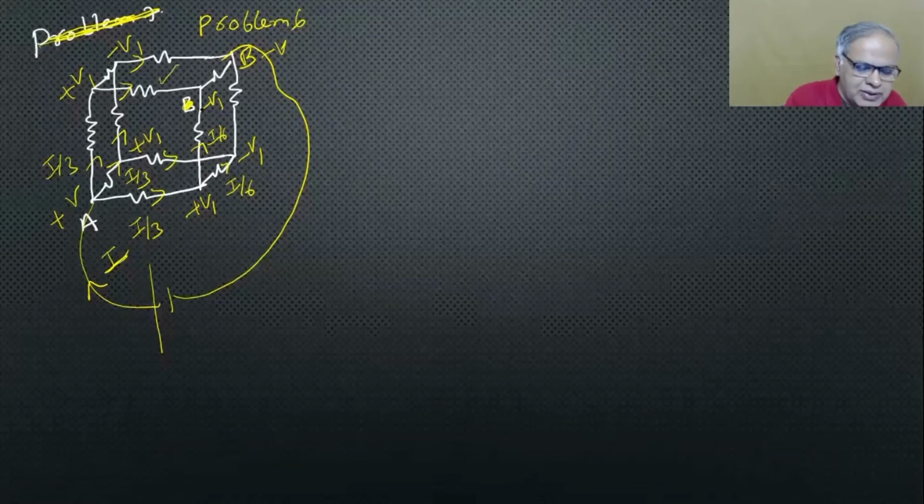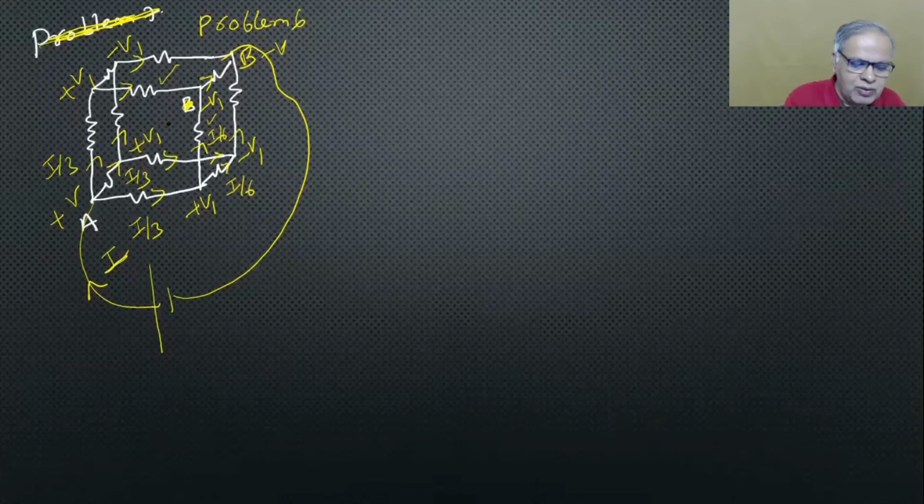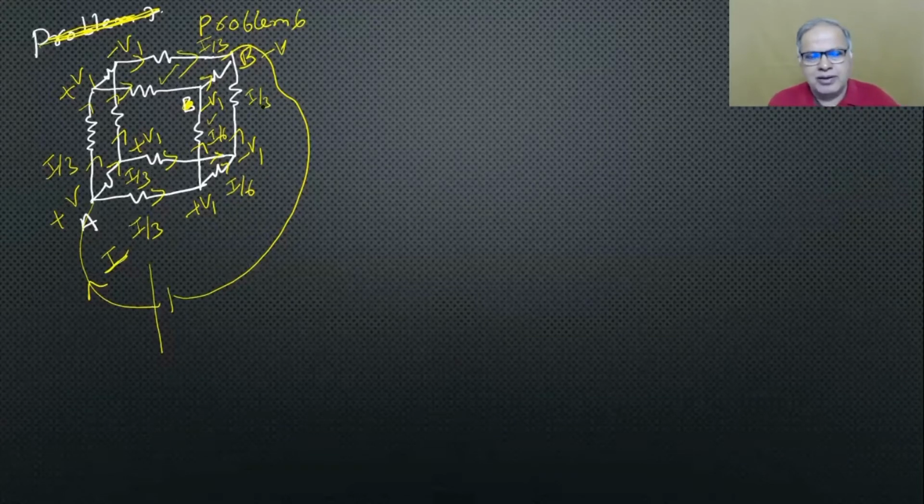Now, this I by 6 and this I by 6 should become I by 3 here. So I by 3 here, I by 3 there, I by 3 here. That's what you mean by symmetry. That means if I connected plus that side also, the same thing will be valid.